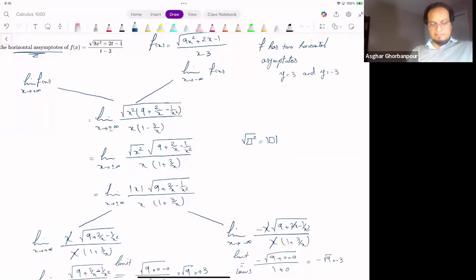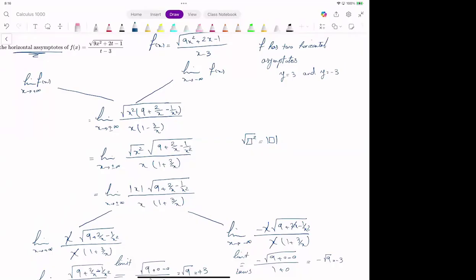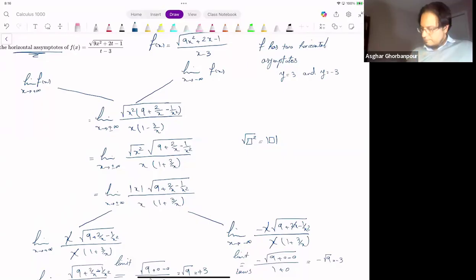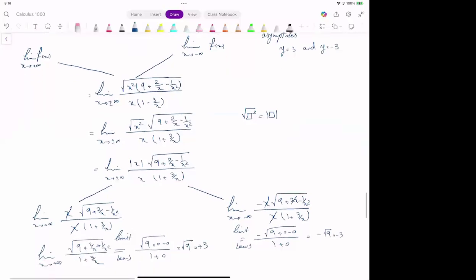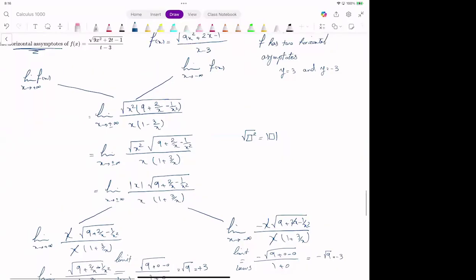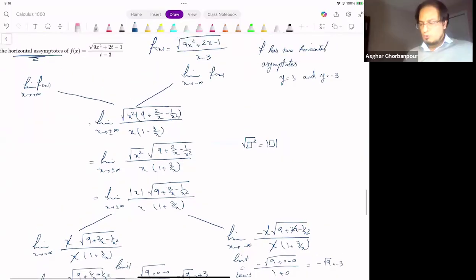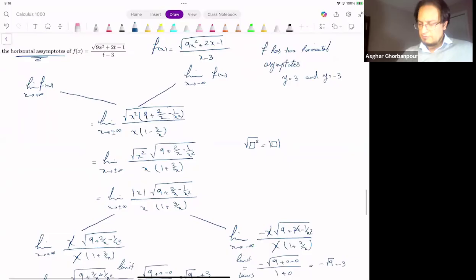Does this make sense? Or any questions? So when x approaches negative infinity, I think the x in the denominator should be negative, and the upper one is positive, right? No, in the denominator, I have just x.